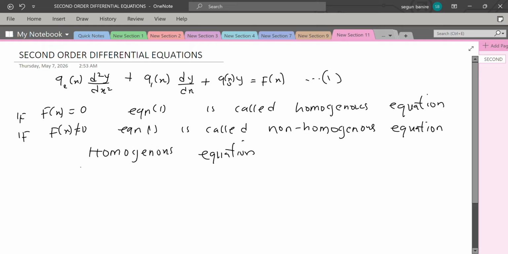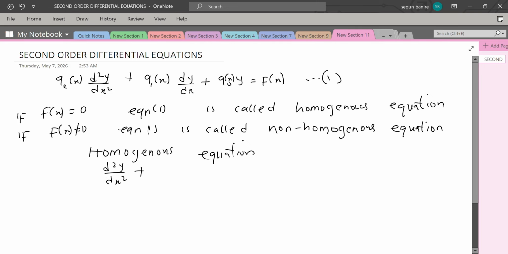We have a2 d2y/dx squared plus a1 dy/dx plus a0 y equals 0. We are restricting ourselves to the case where these coefficients are just constants. In the general formula, there could be a function of x, like x squared, but what we are doing now is having just a constant alone.